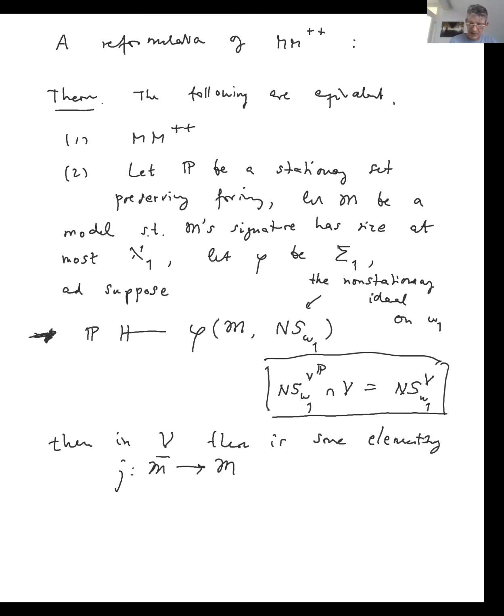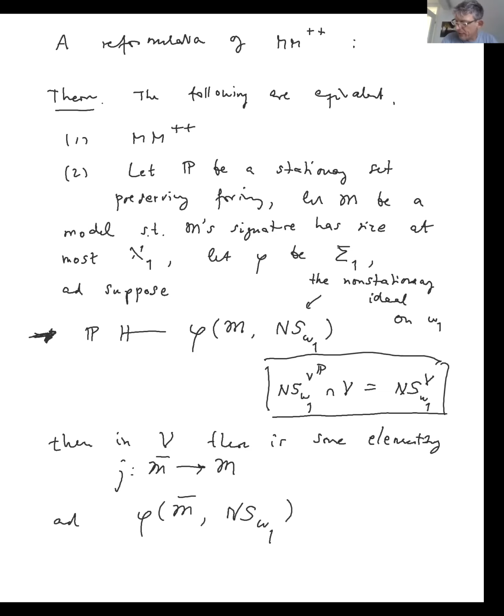Then in V there is some elementary embedding J from some M bar to M, and phi of M bar holds true, but again we have the predicate for the non-stationary ideal. So in V, the Sigma 1 statement holds true not necessarily about M itself, but about a substructure of M of size Aleph1, again with a predicate for the non-stationary ideal.